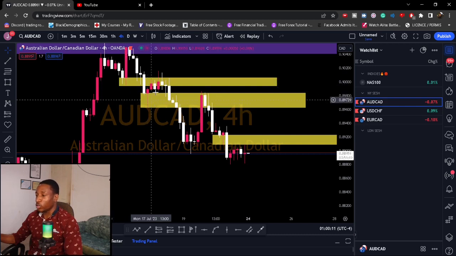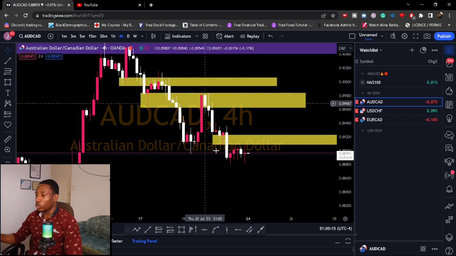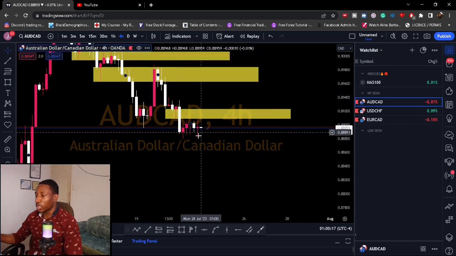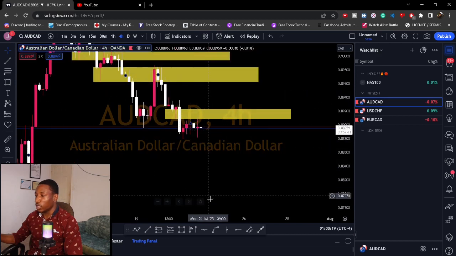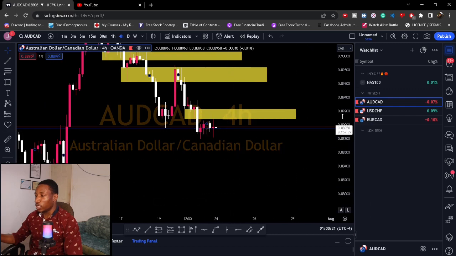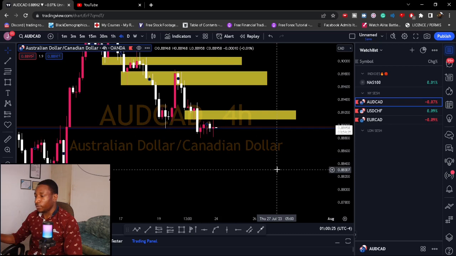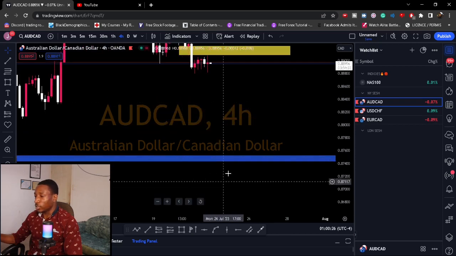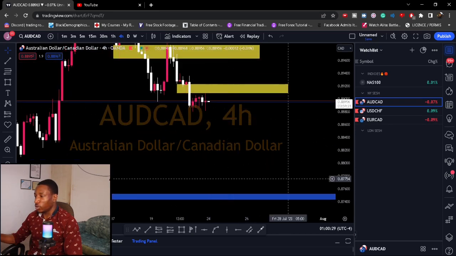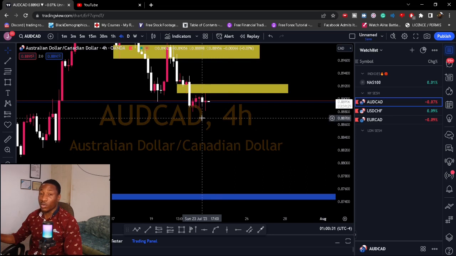It's been creating lower highs, lower lows, lower highs, lower lows. Price is looking like it wants to continue selling. Let's see what actually happens in this particular case. The destination is this blue zone here, so hopefully we could see some good change. Right now it's currently 1 a.m., so let's see what happens, man.